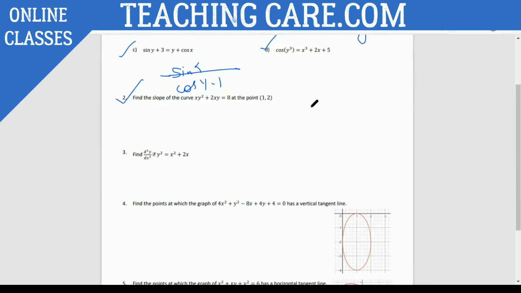So I got negative y squared minus 2y divided by 2xy plus 2x. No, you have to find the slope for this one. Yeah, that's what I looked for.